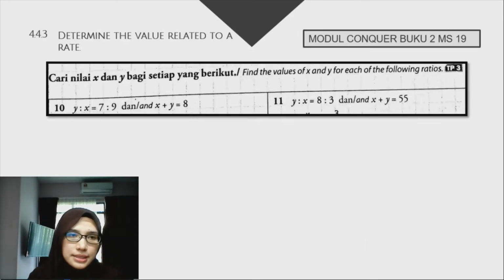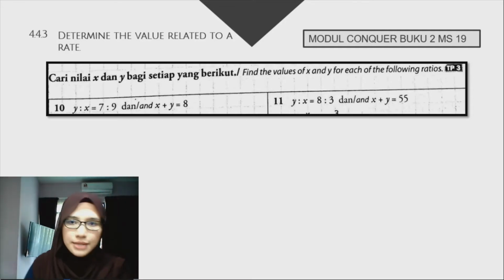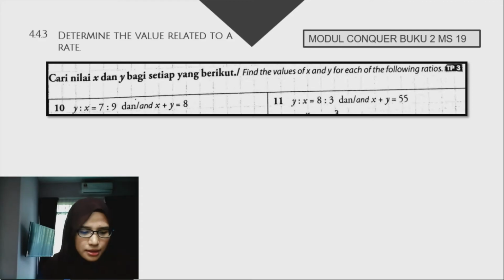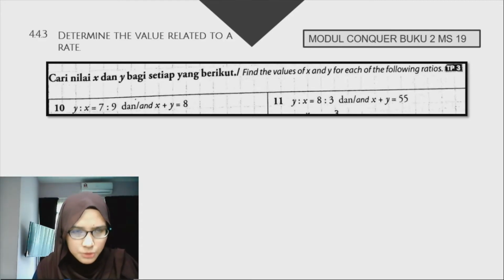So next, third learning standard. Determine the value related to a rate. Different from previous question, here you have ratios given and real value. That is add up. x plus y is 8. You can have multiple methods, but I like to use proportion.